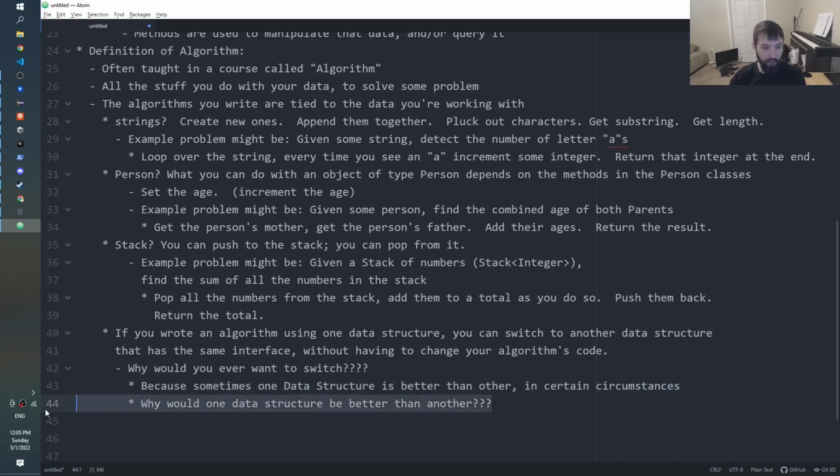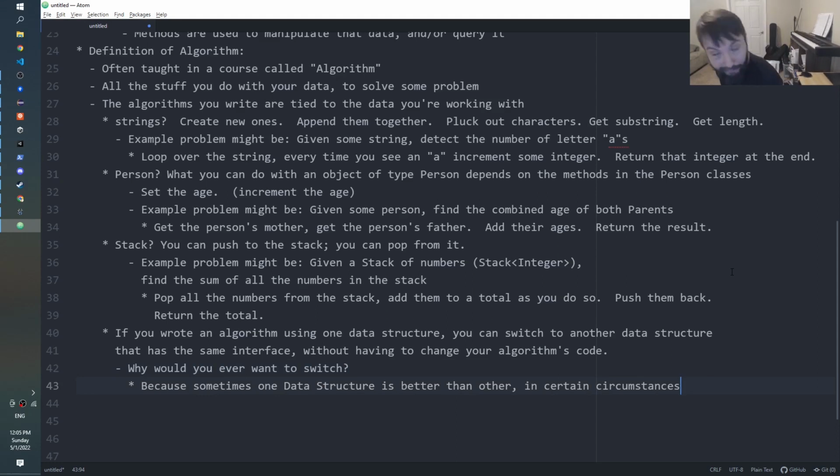Does that mean you have to go out and memorize which ones are better than others? No, because you'll absorb that over time if you keep studying computer science. And now that you know that's something to be looking out for, you can ask yourself the question of when should I use this data structure versus another.